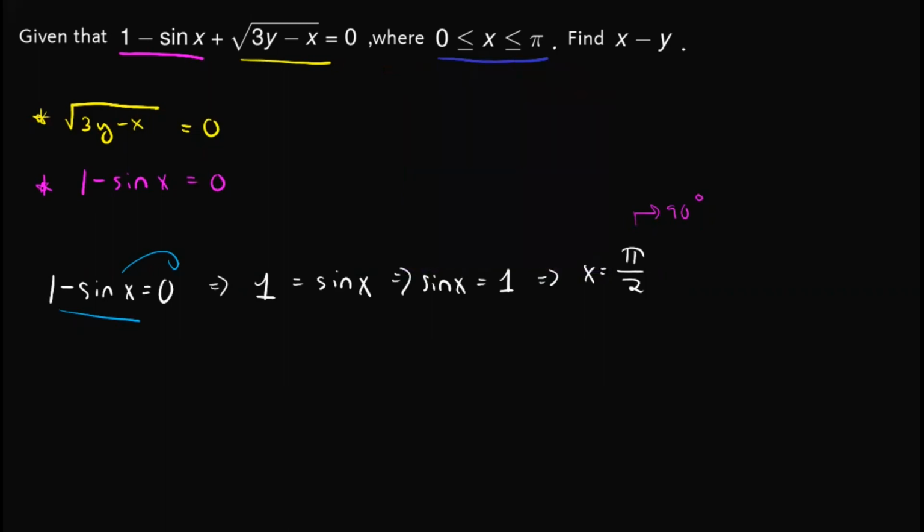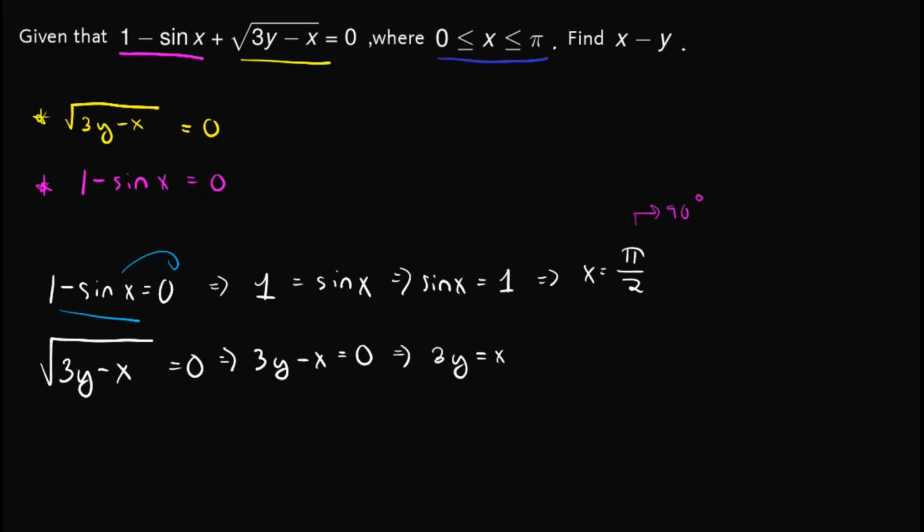So from there, we have square root of 3y minus x is equal to 0. Now we could already solve this. Note that for this to be true, 3y minus x must be equal to 0. We can move x to the right side, which would give us 3y equals x.